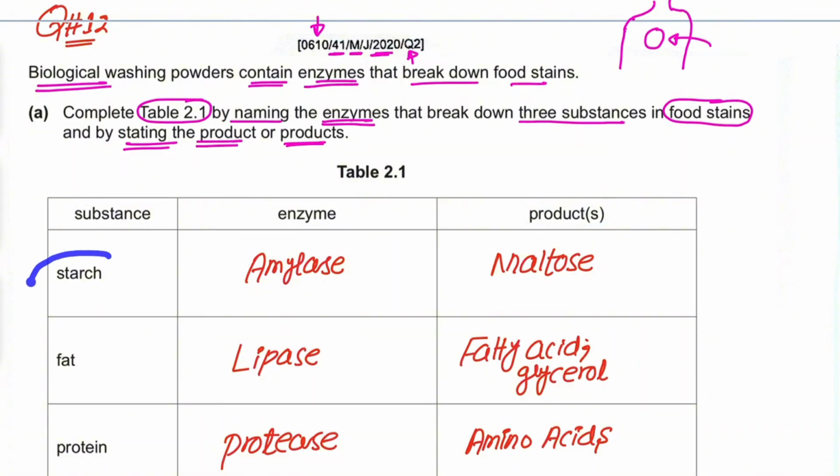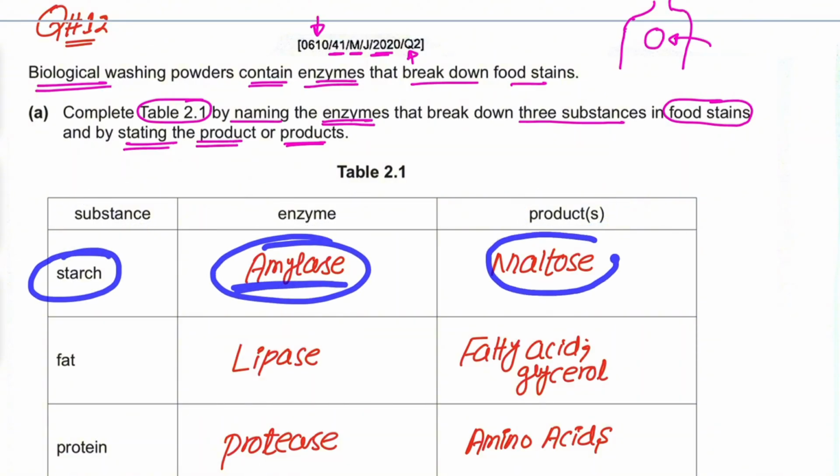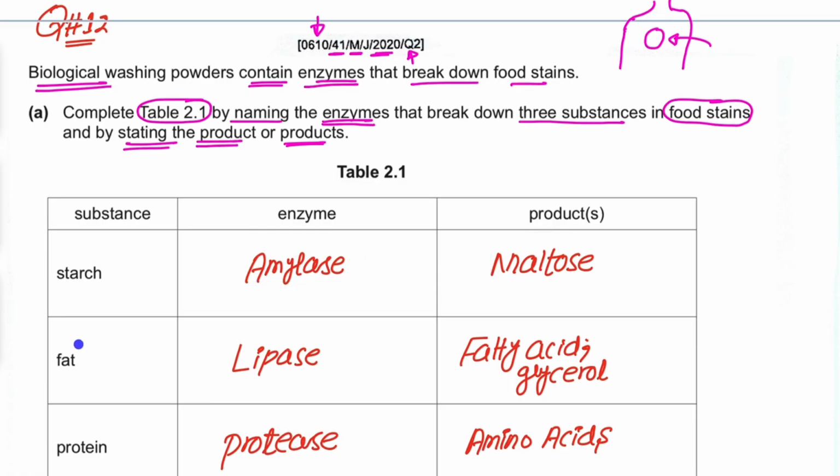The starch would be acted upon by the amylase enzyme, and we would have the end product, which is maltose. Fats are always acted upon by lipase enzymes, and we would have two products: one is fatty acid and the other is glycerol. That is why they clearly said either a single product or products. By the digestion of fat, we are not getting a single product but rather two products.